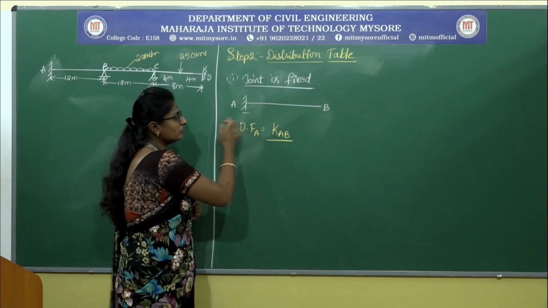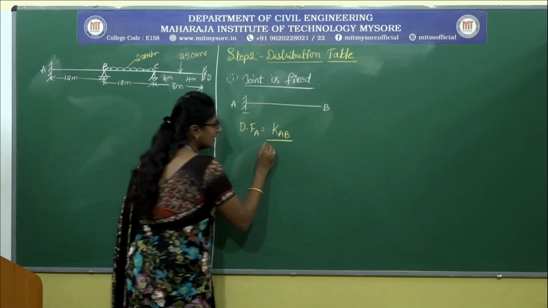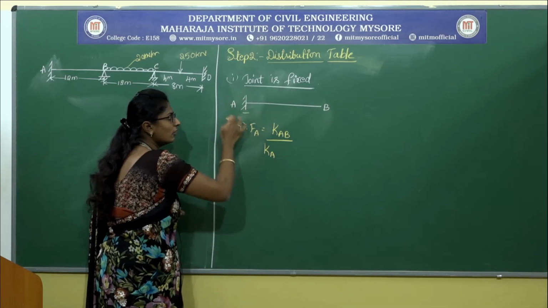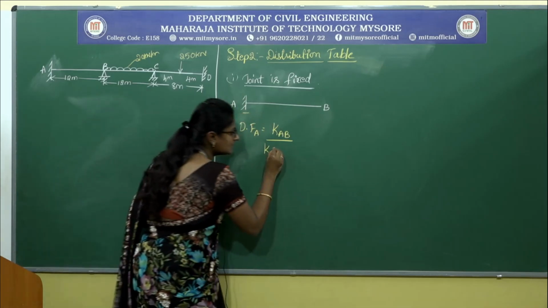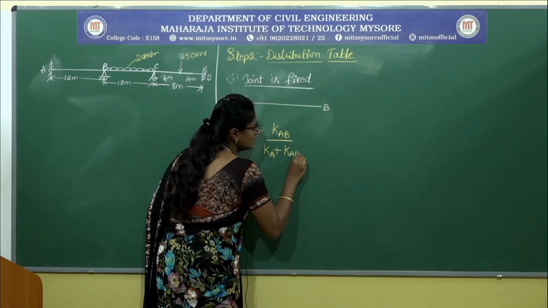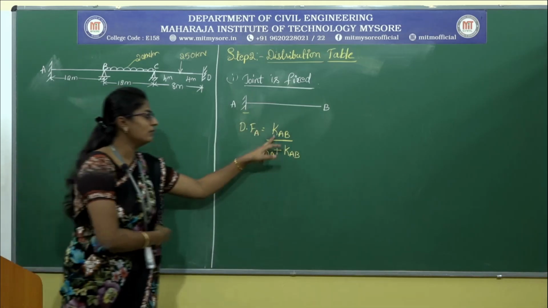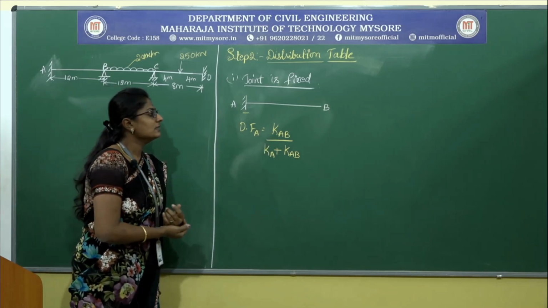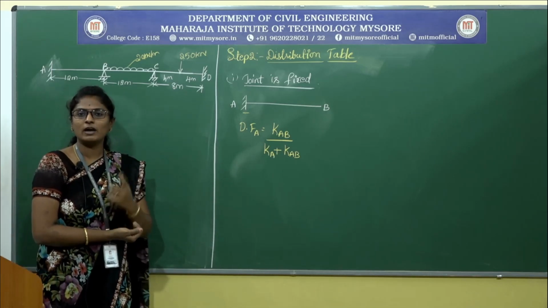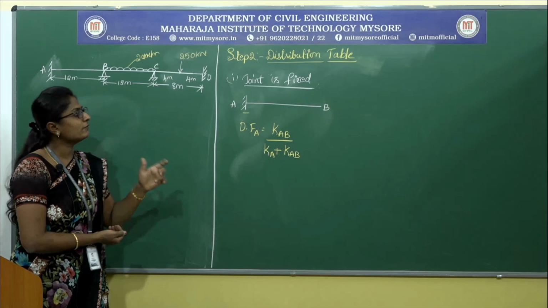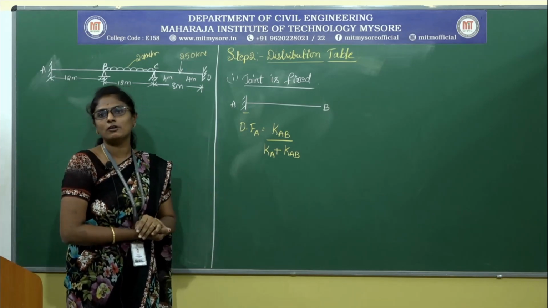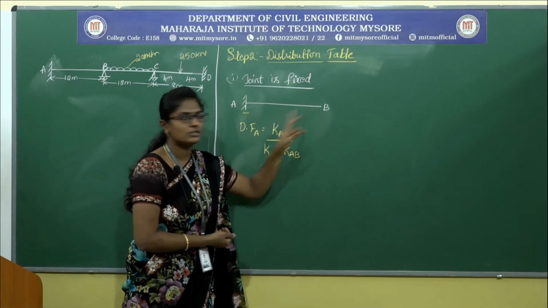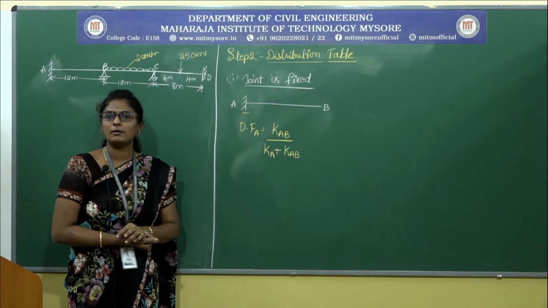For taking the summation of all the stiffness, I consider Ka, that means I have to consider the stiffness of this joint also, plus the stiffness of the member AB. There is no problem with KAB, because for calculating the stiffness of the member, we consider the far end. If the far end is fixed, then the stiffness of the member will be 4EI by L. Similarly, if the far end is hinged, we consider the stiffness as 3EI by L.